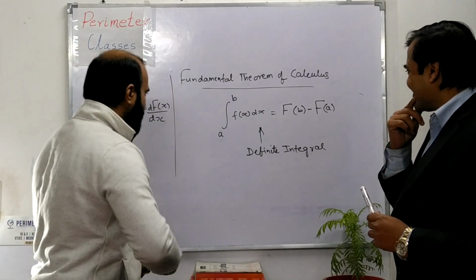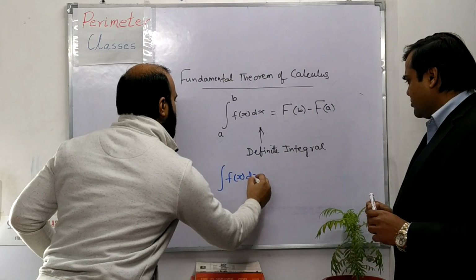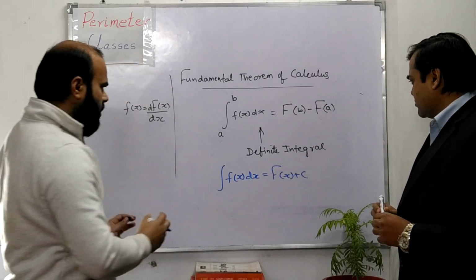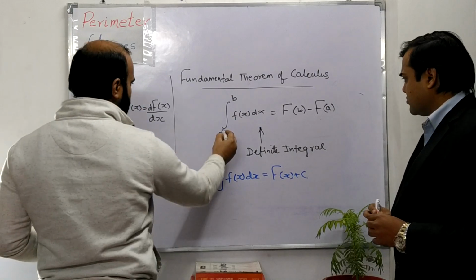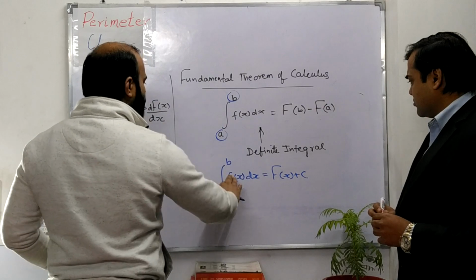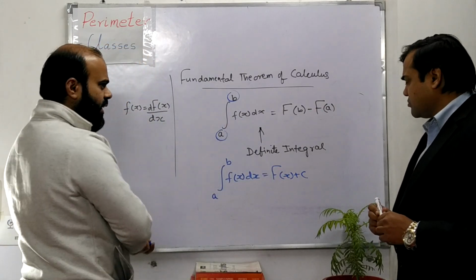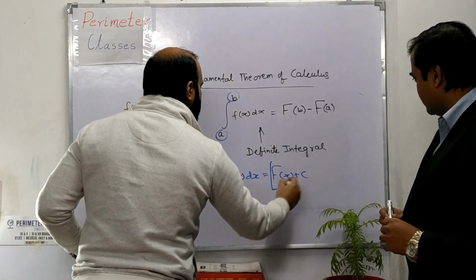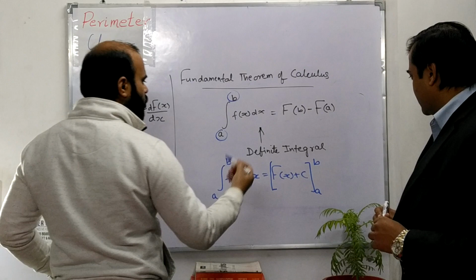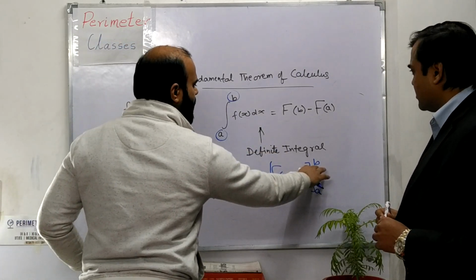So, as I have written earlier, the integral of f(x) is capital F(x) plus c. Now, when we put the limits, this is called the lower limit, this is the upper limit, we integrate as we do in indefinite integration, and then we put the limits a and b. That means we are saying that x has a value b here.